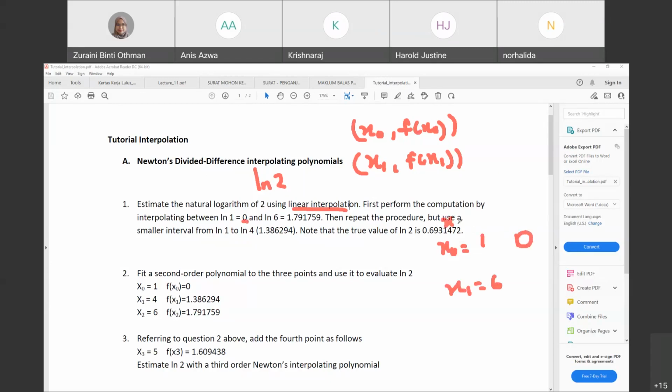Okay, yang ni ialah xi kita. Remember how to do this by using a table, and this is f(xi). And for f(x1) dia ialah 1.791759. Now then repeat the procedure but use a smaller interval. Yang ni pun sama juga, but here they use ln 2.